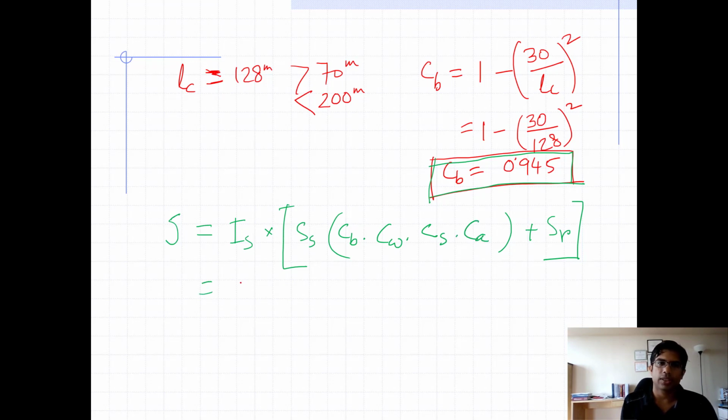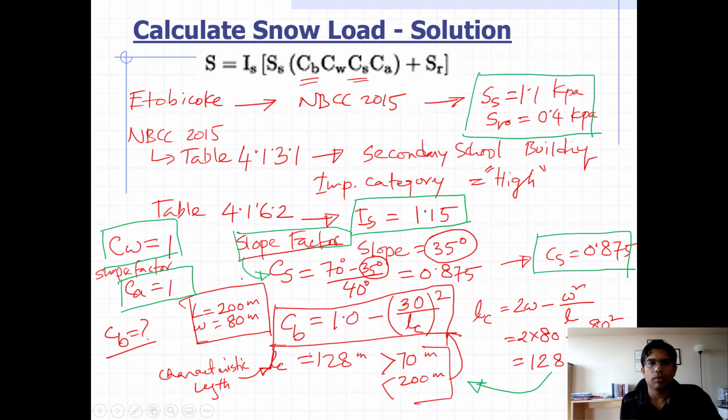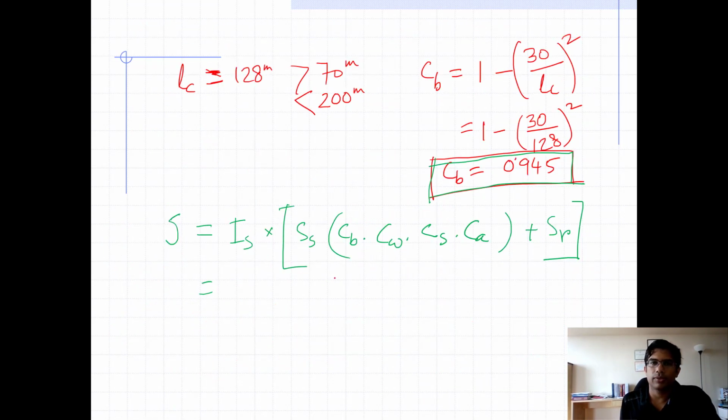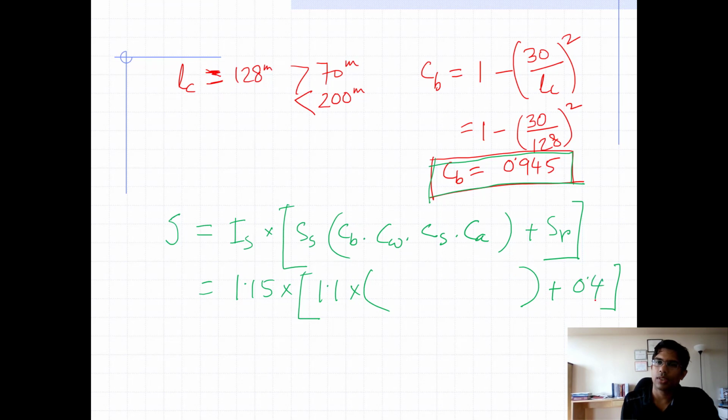The importance factor is 1.15, and SS is 1.1 for Etobicoke, and SR is 0.4. Now all these four parameters.